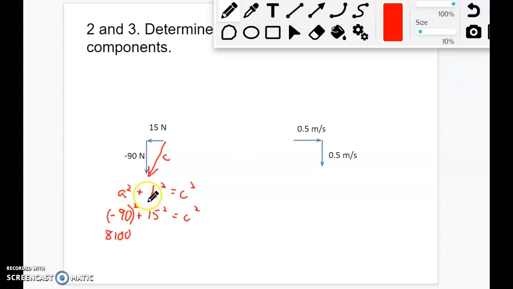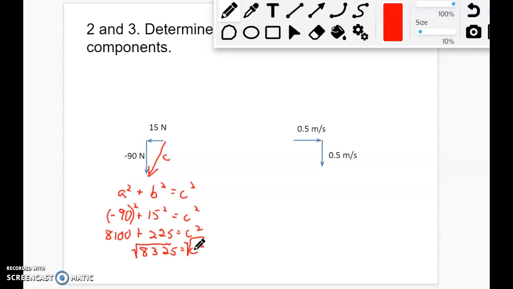And then plus. And now we take 15 and square it. You end up with 225 equals c squared. Now I'm just going through and simplifying everything. I have 8,325 equals c squared. And the last thing I do to get c by itself, I have to square root.